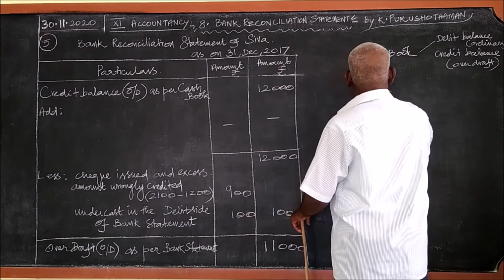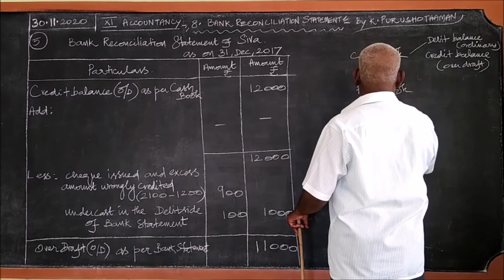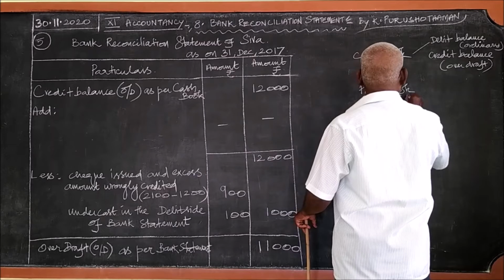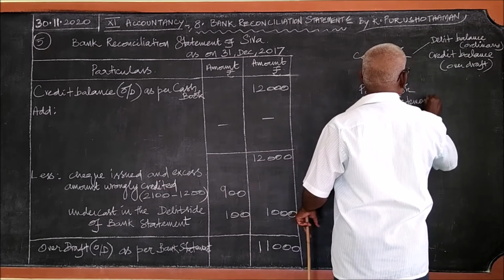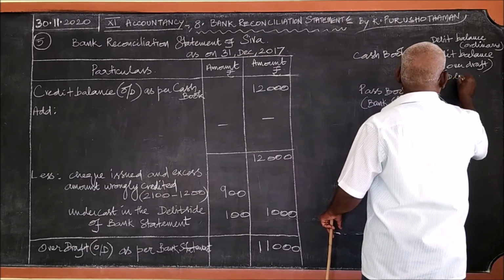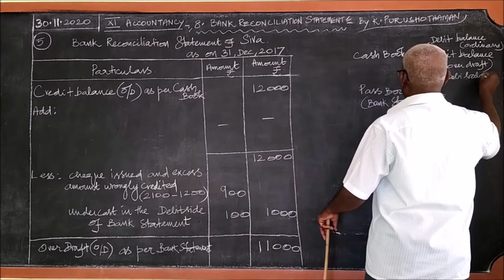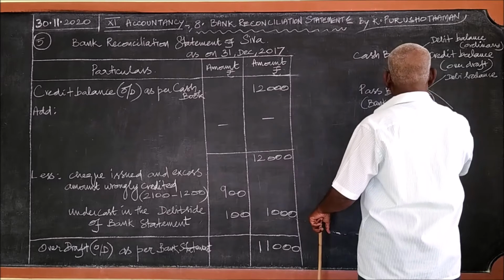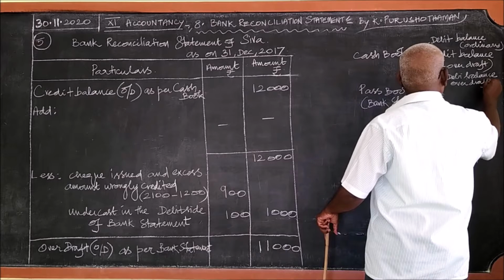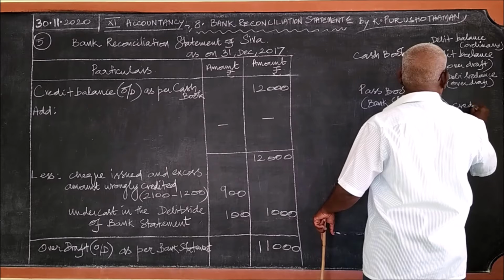The just opposite one is the passbook or the bank statement. Debit balance in the passbook or bank statement is overdraft, and the credit balance is the ordinary balance.